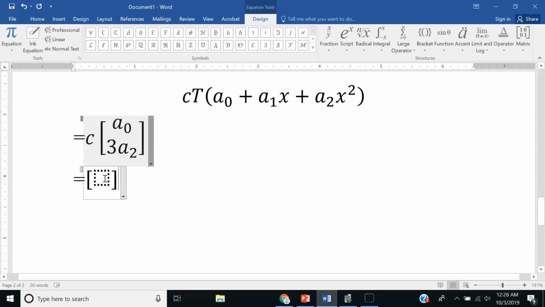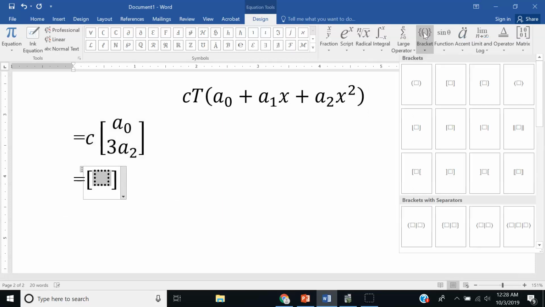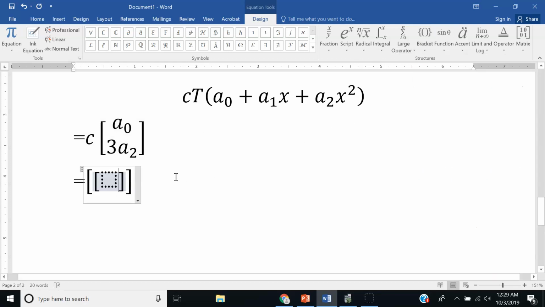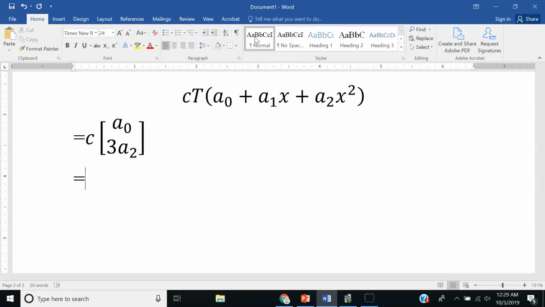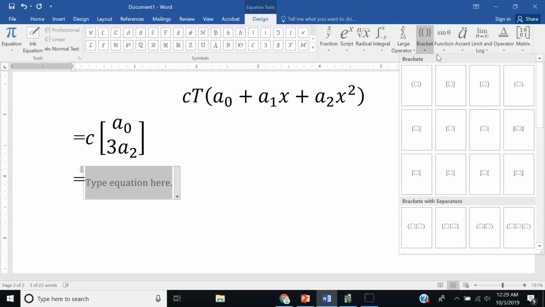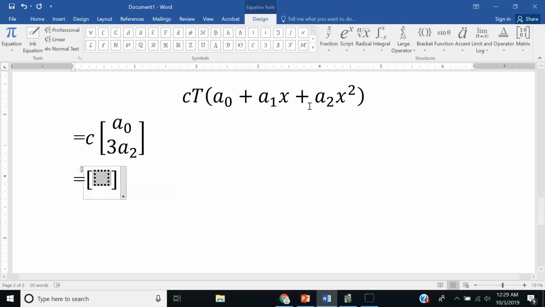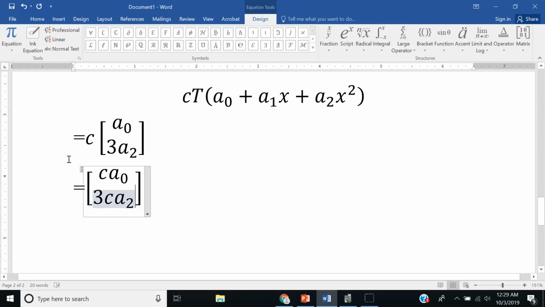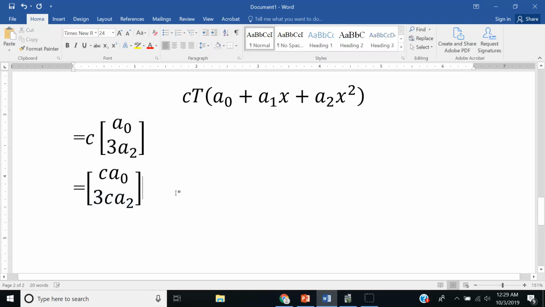So it's c a0 and then 3c a2. I am using a little bit of the commutative property between 3 and any scalar, but that's pretty straightforward.